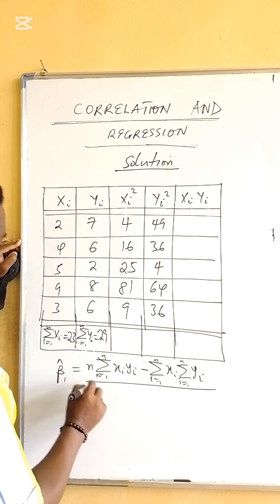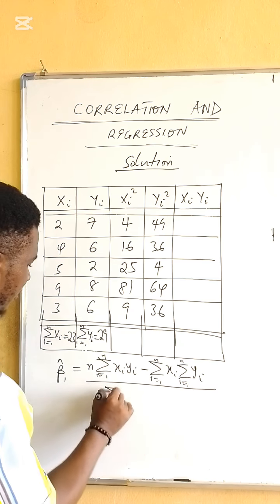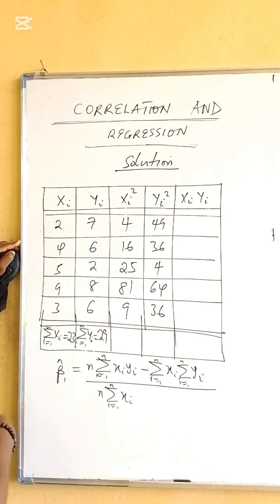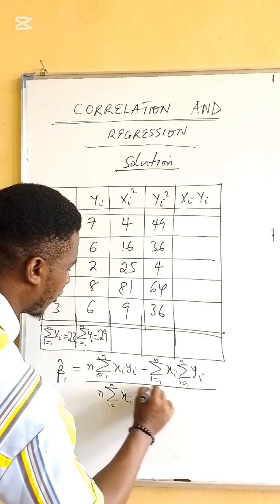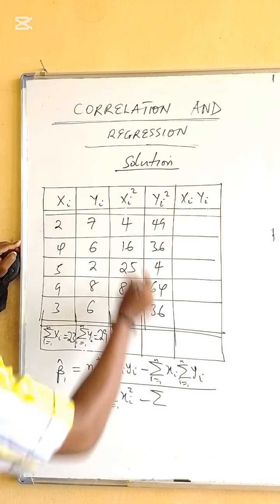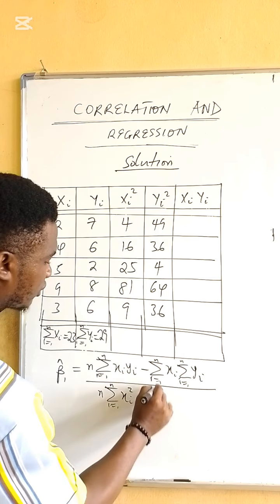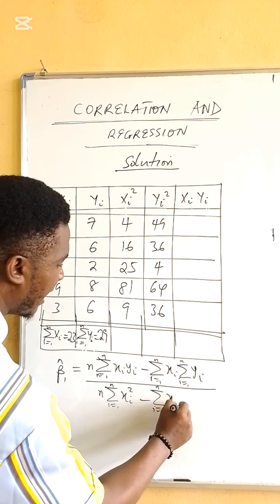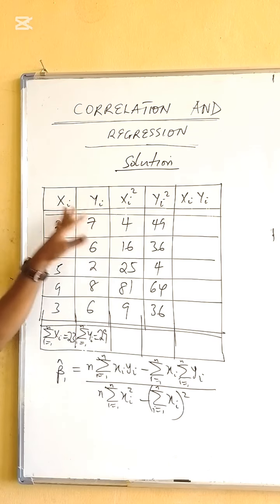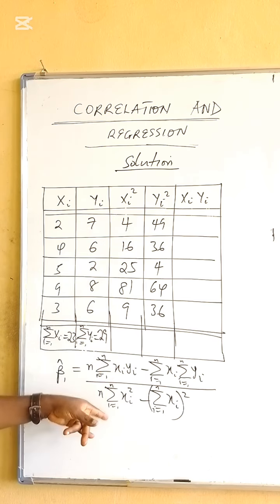All over, this would have been n summation from i equals 1 to n, xi squared, since we are regressing y on x, minus summation from i equals 1 to n, xi, close bracket, all squared, hence the reason why we are computing xi. So, all we have put on the table comes from the formula.